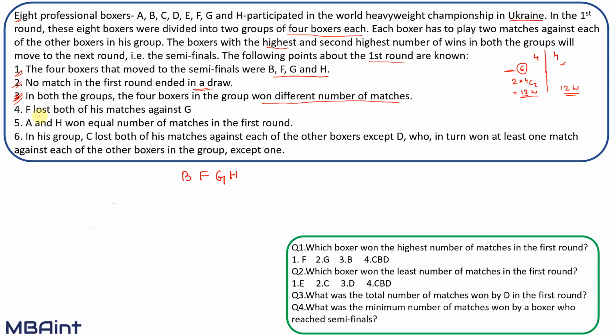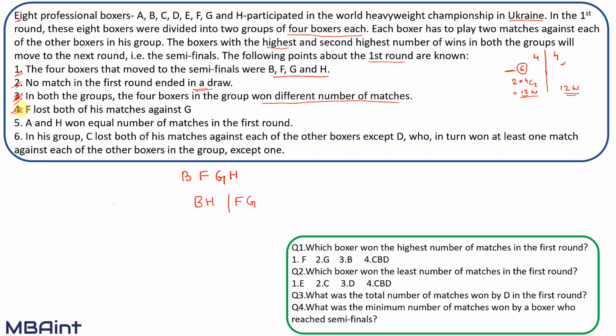The fourth point says that F lost both of his matches against G. So 2 points can be made out of this. First is that F and G were in the same group, and we can see that F and G were selected for the semi-final. They were in the same group as they were playing in the first round. So B and H would be in the other group, right?